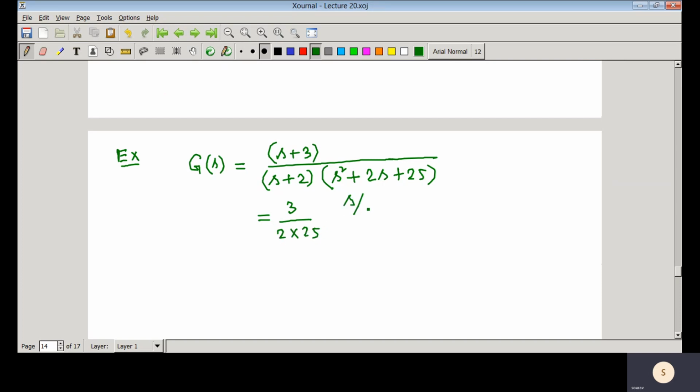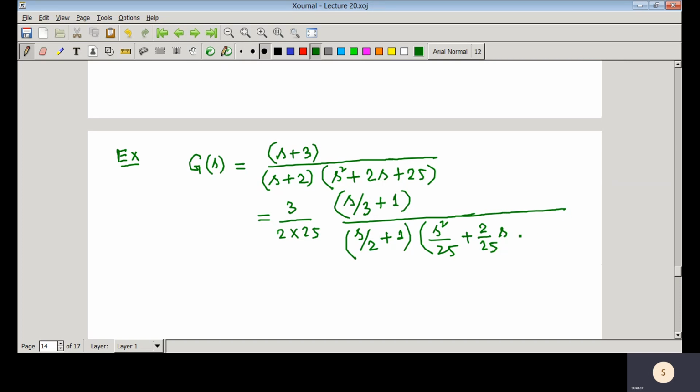So then we have s by 3 plus 1 in the numerator, and below we have s by 2 plus 1, and here we have s square by 25 plus 2 by 25 s plus 1.